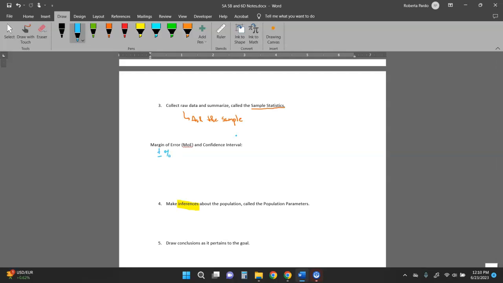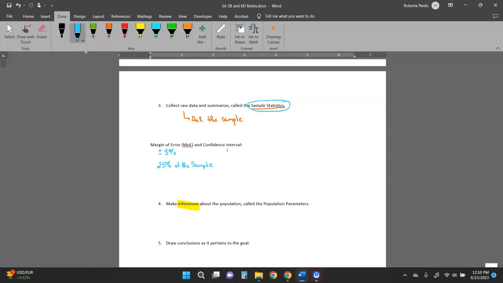So let's suppose that one of our pieces of information was, say, 25% of the sample said something, whatever that happened to be. That comes from our sample statistic. If the margin of error is, say, 3%, plus or minus, let me rewrite this in the correct order, it would say plus or minus 3%.